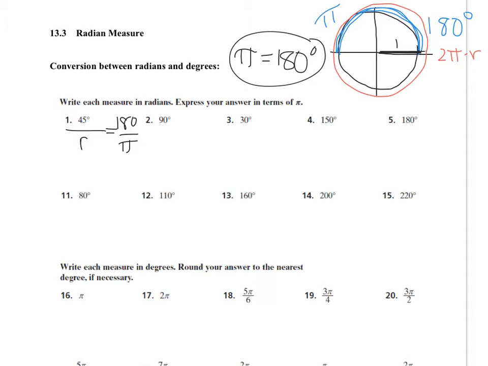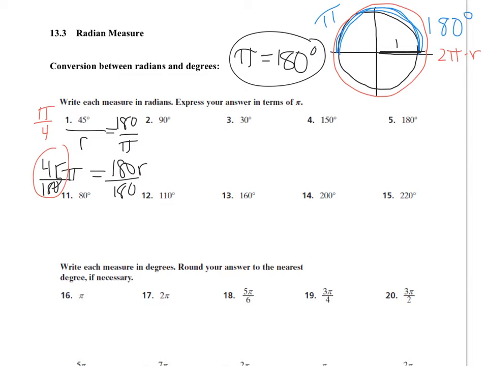If you cross multiply, you get 45 pi equals 180 r, and then you divide both sides by 180, and you reduce 45 over 180, which is 1/4, so you get pi over 4.